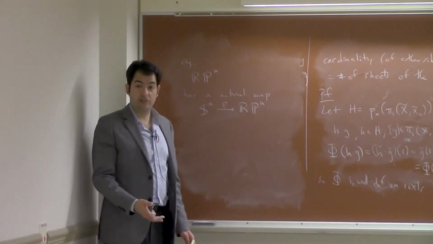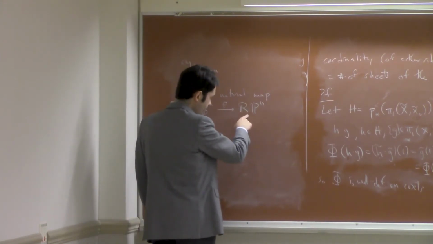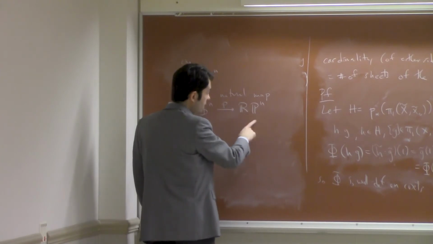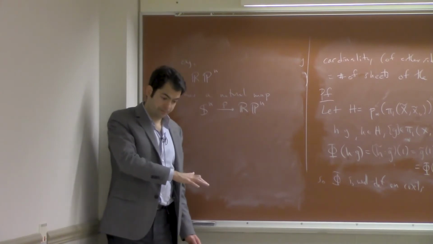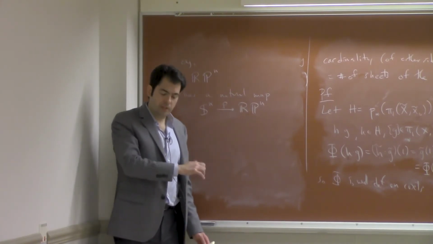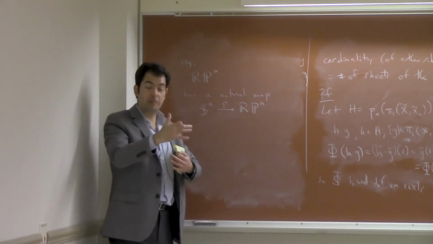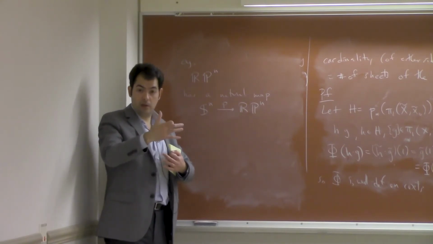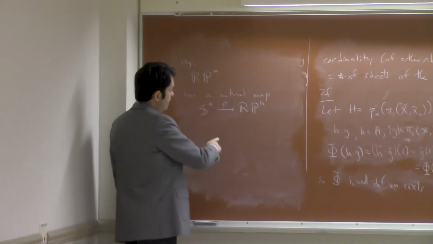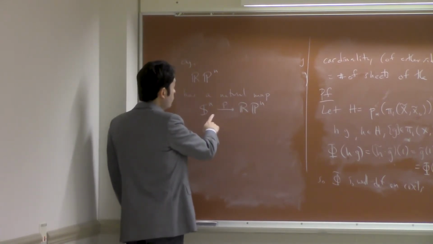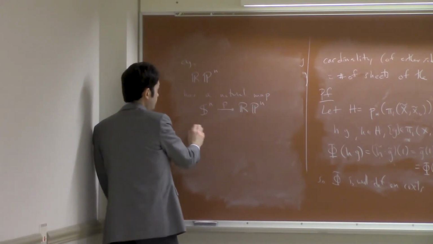It's easy to see that this is a covering map, because just take any neighborhood of a point over here that does not intersect its antipodal image, and its lift will consist of 2 copies of that neighborhood, one around one point and the other around the antipodal point.